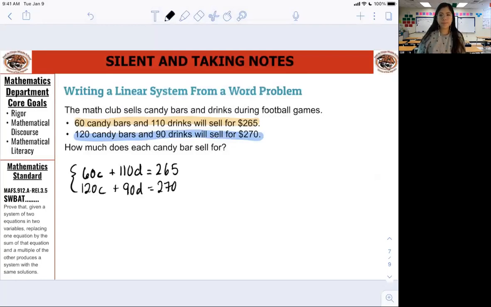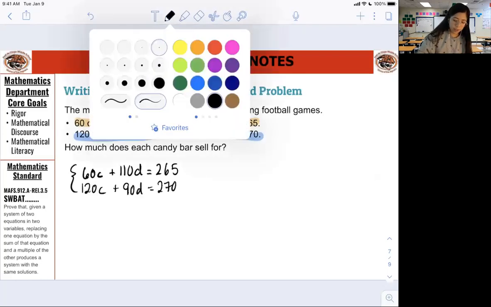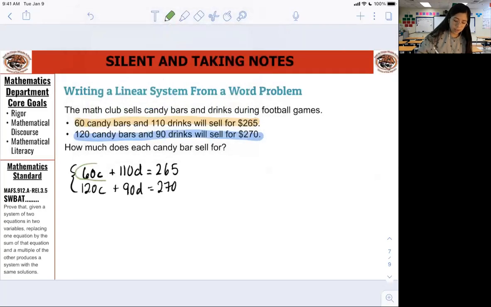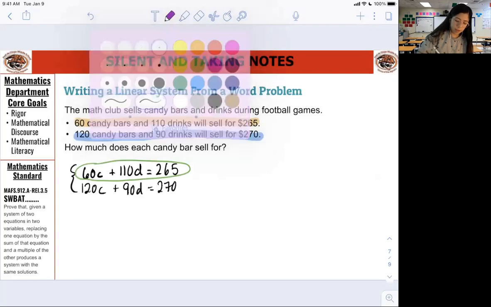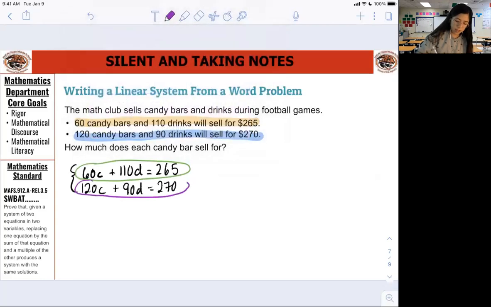Okay, well now, together, let's come up with a strategy for how to create my opposites. Do you guys want to eliminate the C's or the D's? The C's will be a little bit easier because 60 and 120 have a greatest common factor.